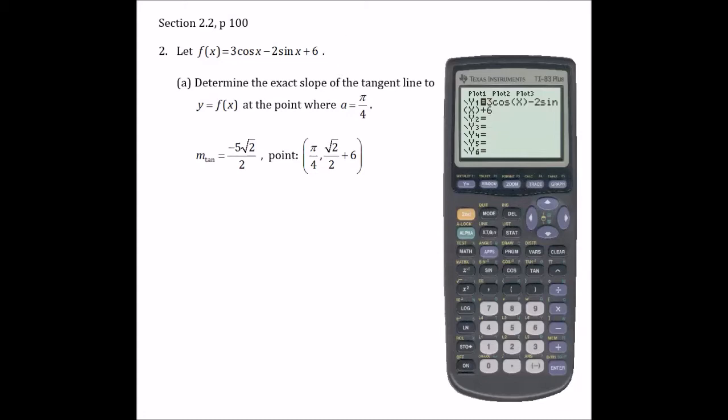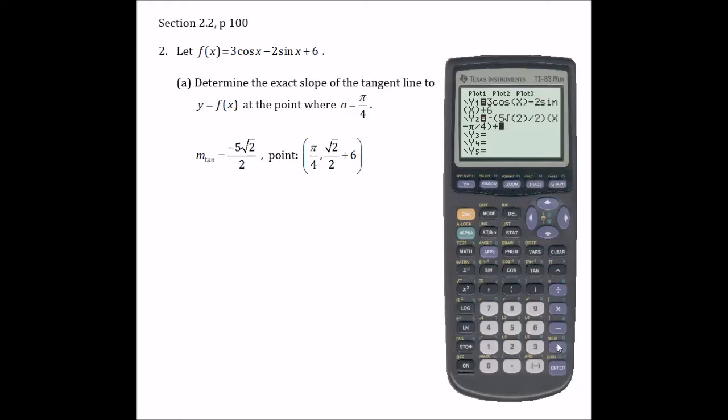So we want the slope. So negative 5 times the square root of 2, probably parenthesize all of this, divided by 2, times x minus pi over 4.